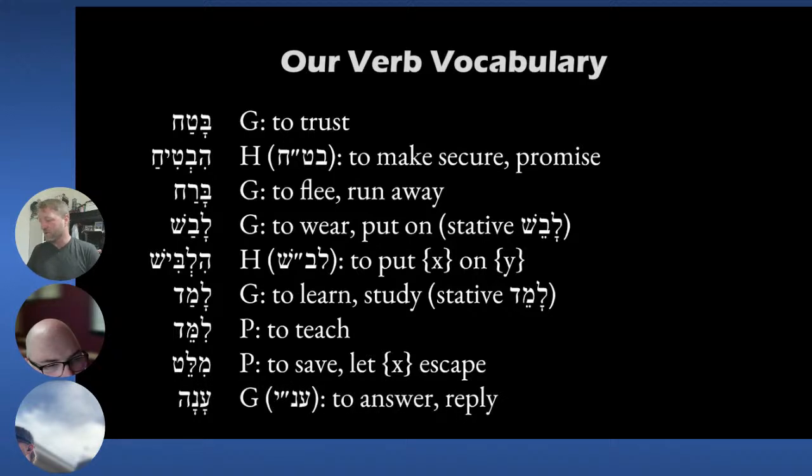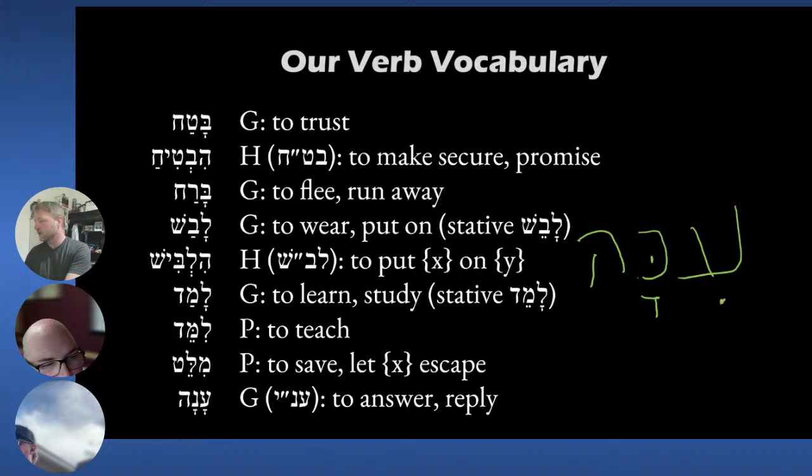Ana in the kal, obviously the hey is actually a yod. So ana means he answered. We do have a piel of this root, but it's considered a second root. It's not the same root, but the piel is ina. Ina means he afflicted someone, like he made them suffer.